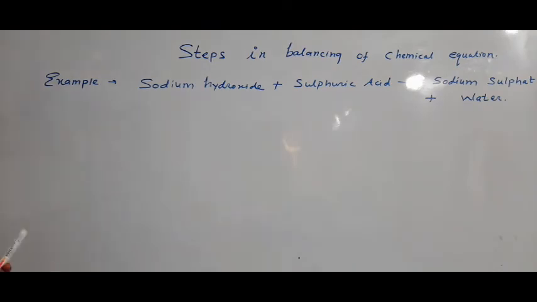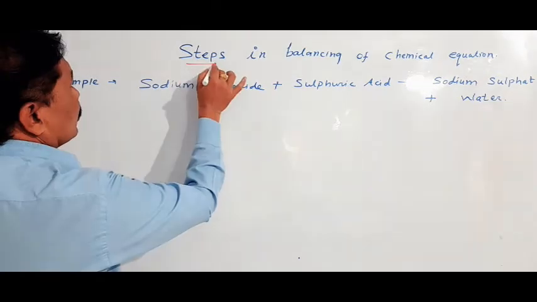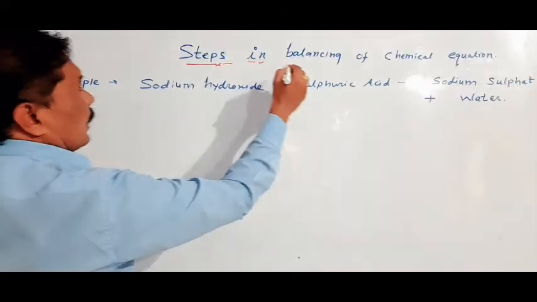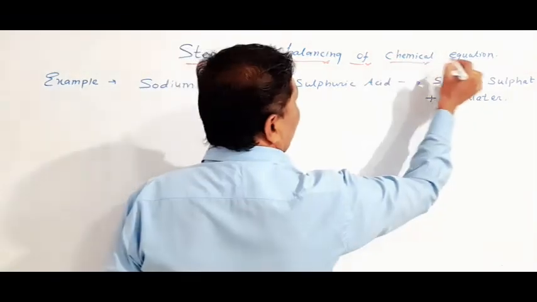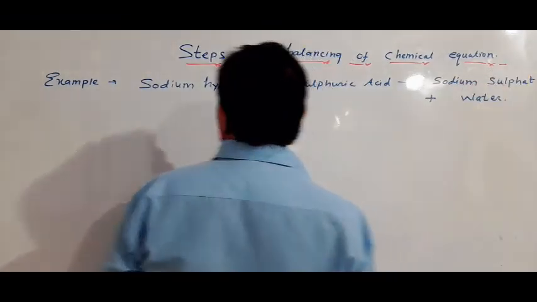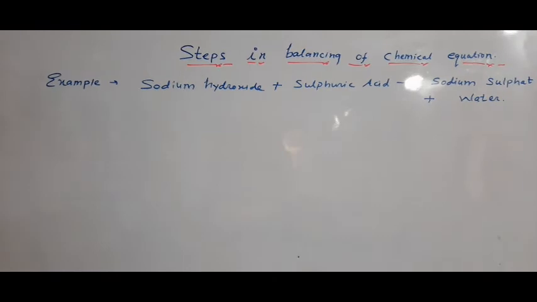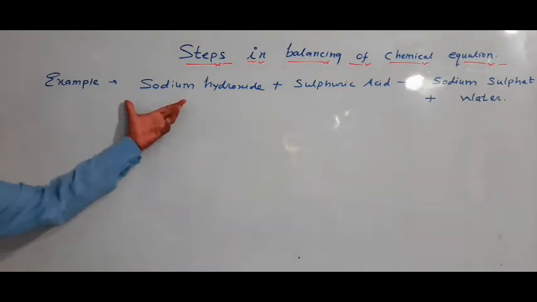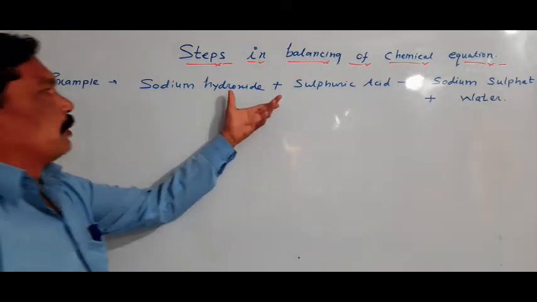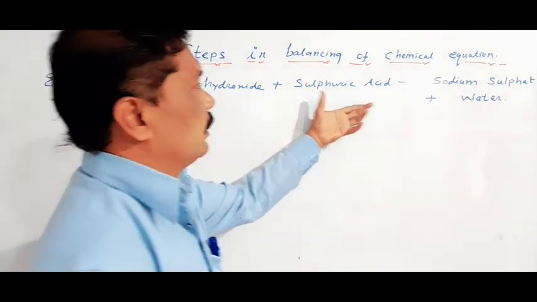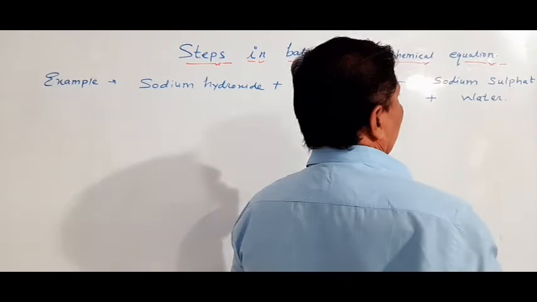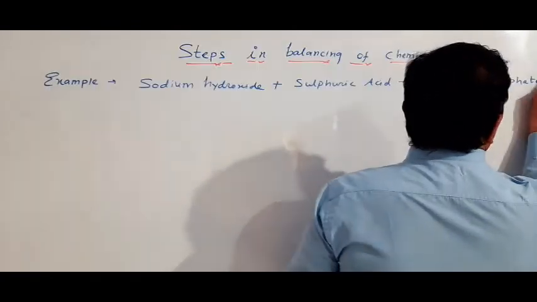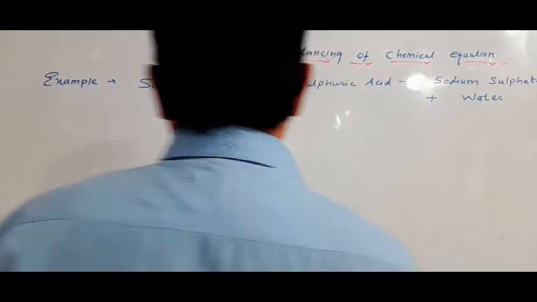We are studying steps in balancing of chemical equation. Example: sodium hydroxide plus sulfuric acid gives sodium sulfate plus water.